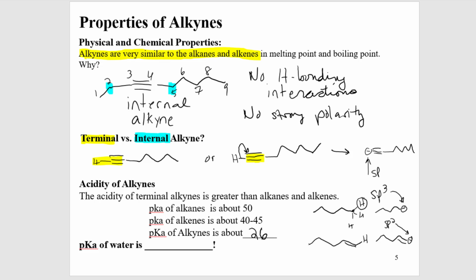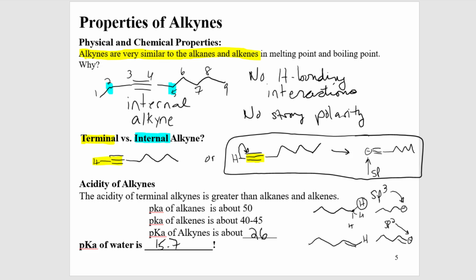It's around 25, 26. Remember what water is? It's 15.7. Oh my gosh, that is a massive jump in pKa. So what this shows us is that these terminal alkynes have a proton on the end that could potentially be removed. So I'm going to come back to this point when we start talking about some chemistry. So hold on to that. But this is a property that's going to become very useful to us.